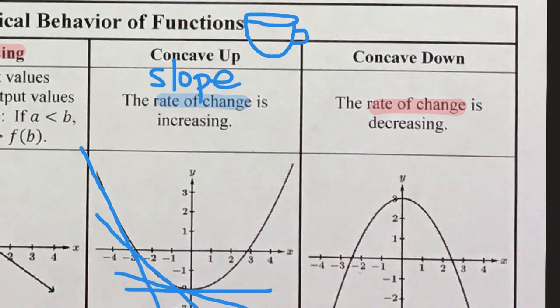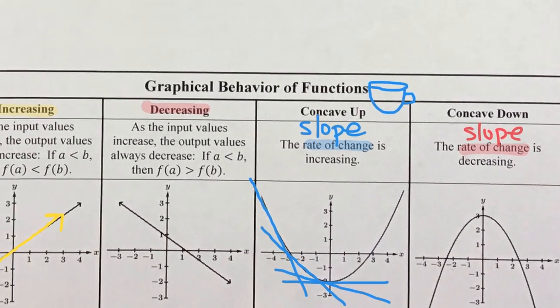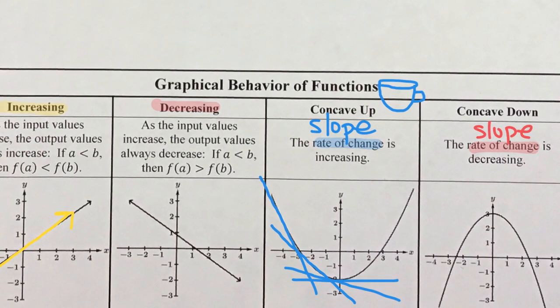The slopes are decreasing until it's 0, and then it's getting more and more negative. And if something is getting more and more negative, then that's decreasing. So the slope of the tangent line is getting smaller. Okay? So when you see rate of change, you need to think slope. Rate of change is synonymous with slope.